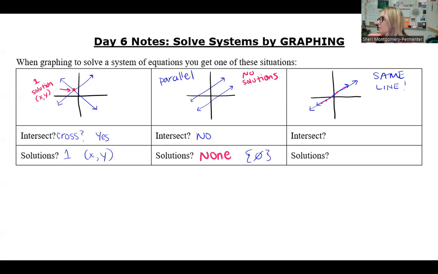So how many possible solutions are there? Infinite. Yes, there's infinitely many. So intersection, yes, everywhere. How many solutions? Infinitely many solutions.